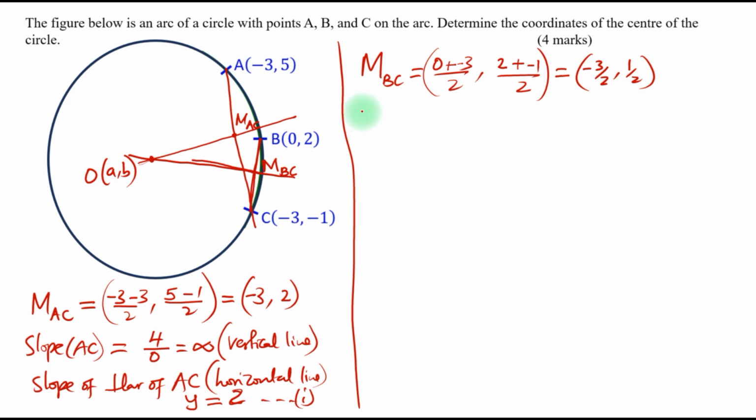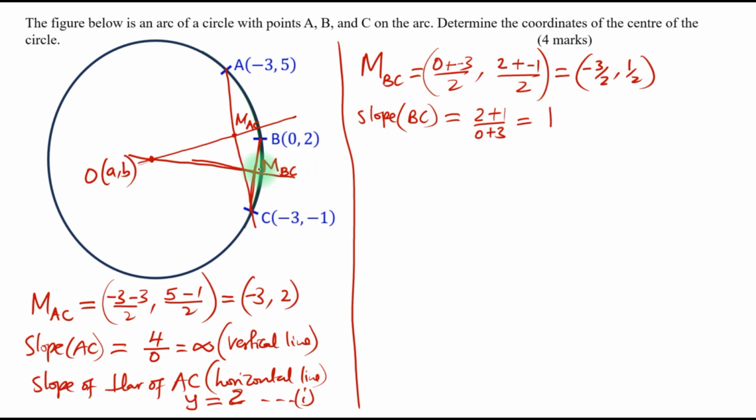Then we need to get the slope of line segment BC, and the slope will be the change in y, so that is 2 minus minus 1, so plus 1, all over 0 minus minus 3, so 0 plus 3. So we end up getting 1.